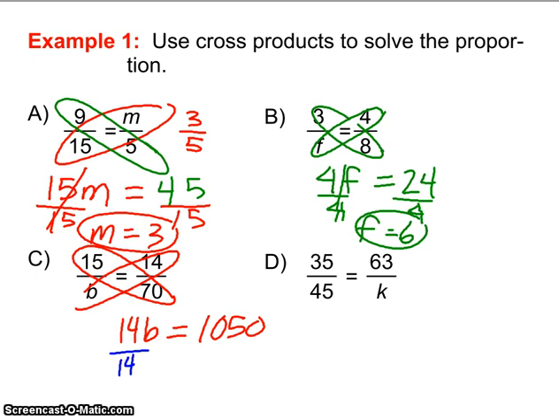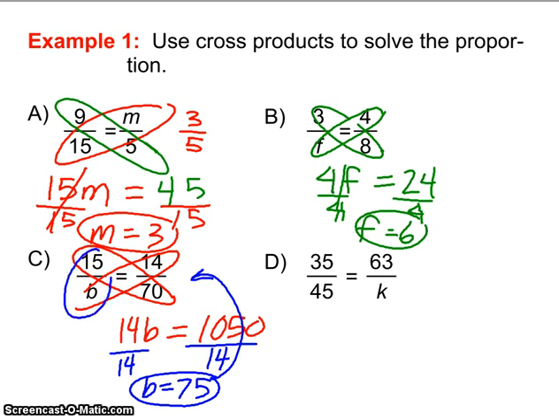And we're going to divide both sides by 14. And we find out that b equals 75. And that is your answer. So again, plugging this back in up here, we know that the ratio 15 to 75 is equal to the ratio of 14 to 70.